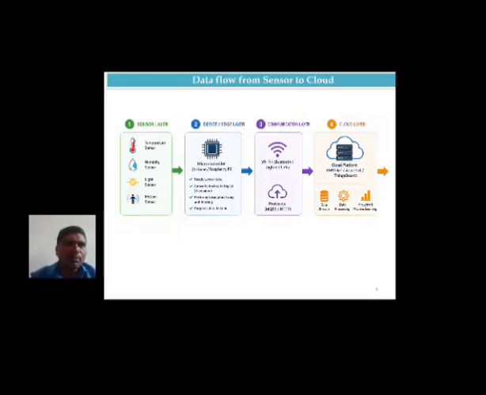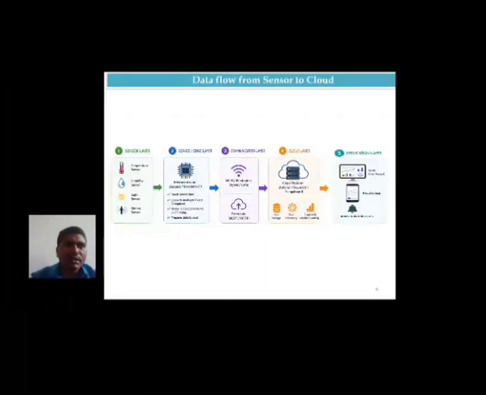Here cloud platforms like AWS or Azure help in analyzing the large amount of data. This converts raw data into useful insights. So this is how the data is transferred from sensor to cloud.